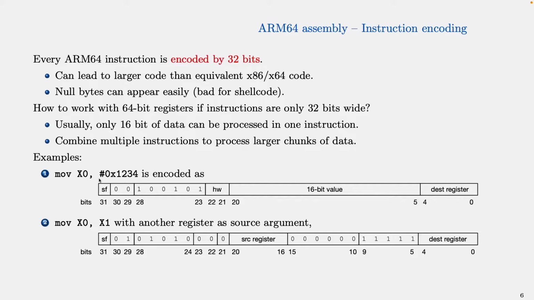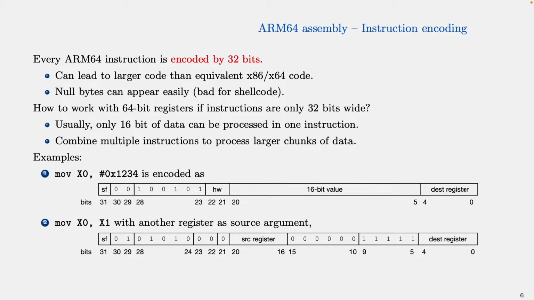So we want to move the value hex 1234 into X0, and the 32-bit encoding for that would look something like this. We have an SF bit here, which is a bit that distinguishes between 64-bit operation and 32-bit operation. And on macOS, this will always be set to 1. So this is something we can ignore.